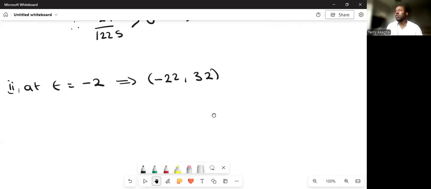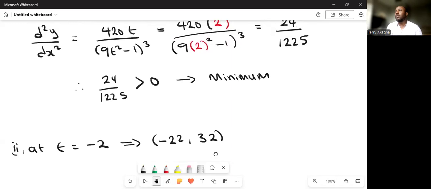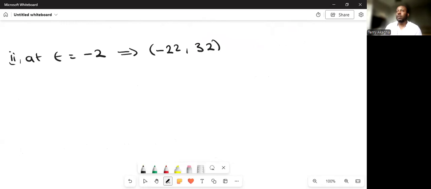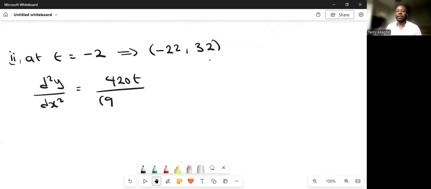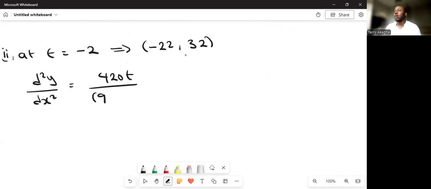We're going to substitute the value into d2y over dx squared, which is 420t divided by (9t squared minus 1) all raised to power of 3.